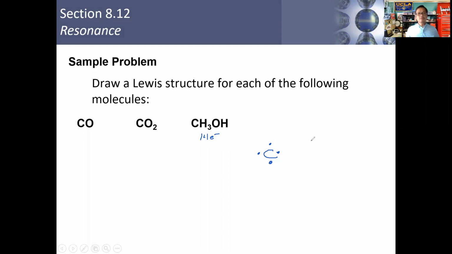Now, if you do this enough, and it takes practice, folks, so make sure you keep practicing with step D for your homework tonight. If you draw this here, you notice if we put 4 hydrogens around carbon, we're done. Carbon cannot form any more bonds. Carbon can only form a maximum of 4 bonds, whether that's 4 single bonds, 2 double bonds, or a triple bond and a single bond.